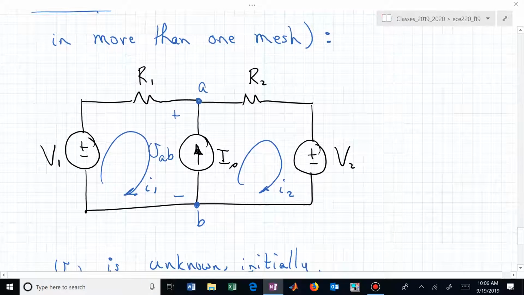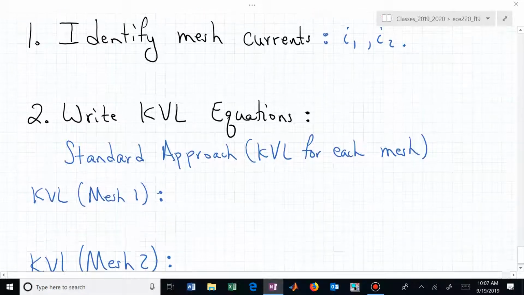The first mesh would be minus V1 plus the voltage drop from left to right, R1 I1, and then we don't know the voltage dropped across that current source, so we just have to assign it an unknown label, V sub AB. The drop then across that current source from top to bottom is plus V sub AB. That's the end of that first KVL equation.